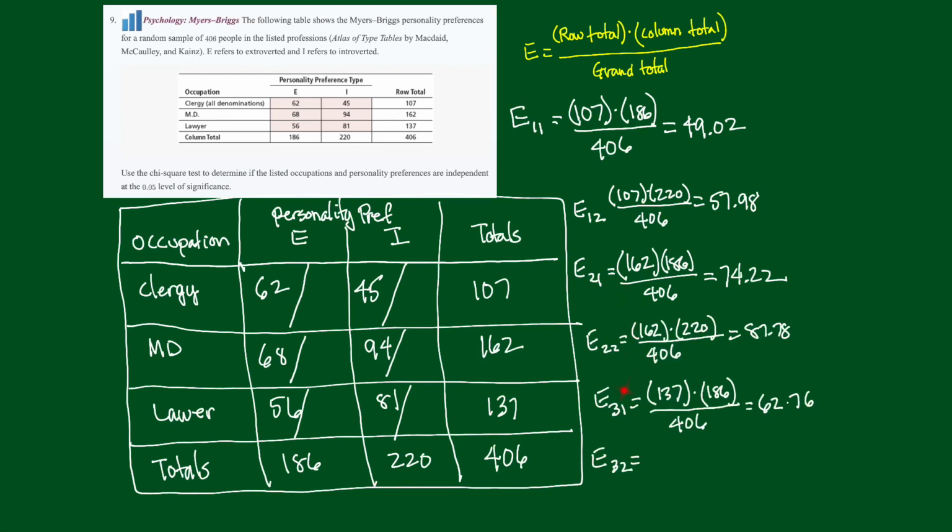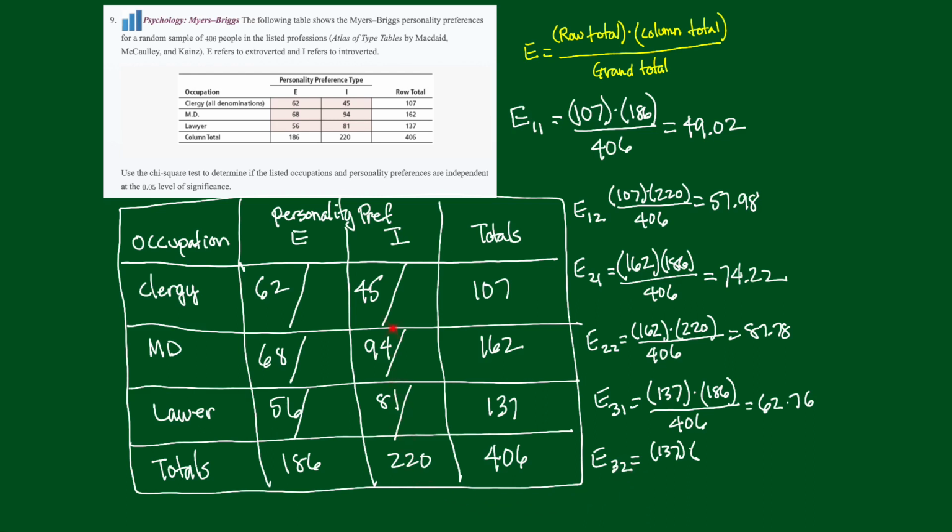Well, I went ahead and filled a few of these in, but let's get the last one, just so we're sure we can do this. The last one is the total in row 3, column 2. Here's row 3 right here, that's a 137. So 137 times the total in column 2.